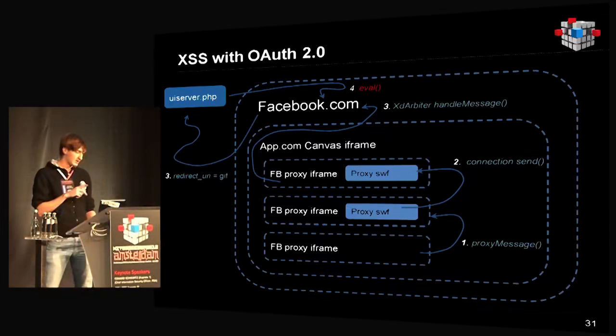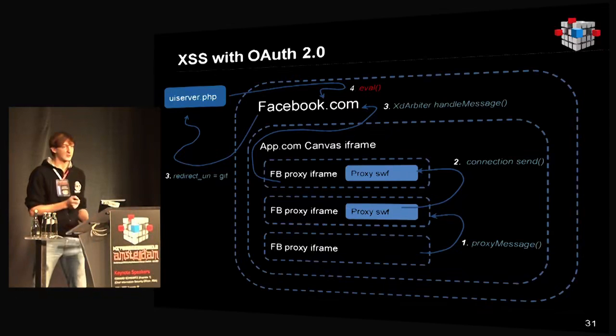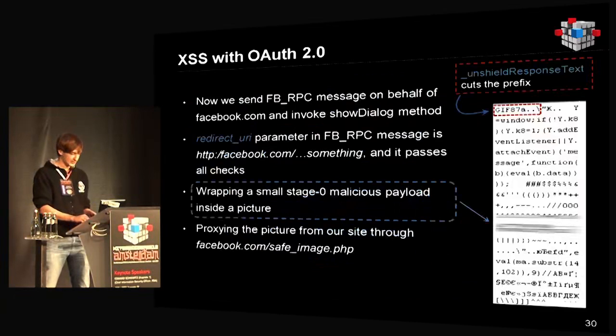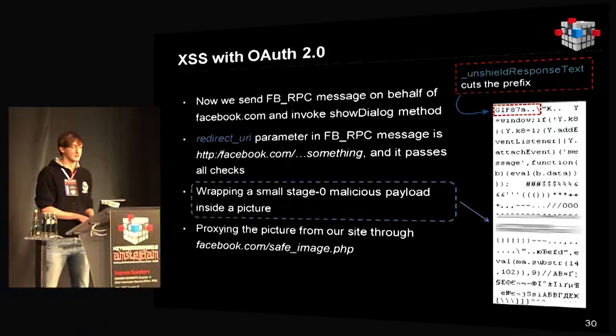Then Facebook makes a request to the dialog endpoint, and the redirect URI points to something interesting. I needed to find only a container for the JavaScript. Well, you obviously cannot upload JavaScript into Facebook because there is no way to do this. So I chose to wrap all the JavaScript into a picture.